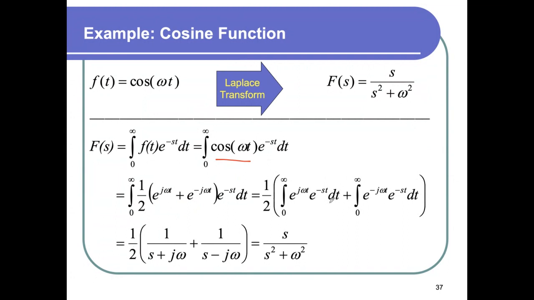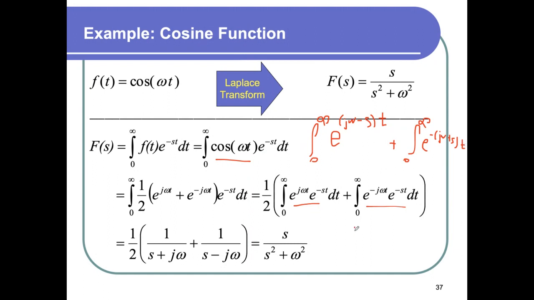So to this integral, this is correct, this is correct. So basically the integral here is 0 to infinity e to the power j omega minus s t. I'll drop the dt. And here we have 0 to infinity e to the power of minus j omega plus s t, right?